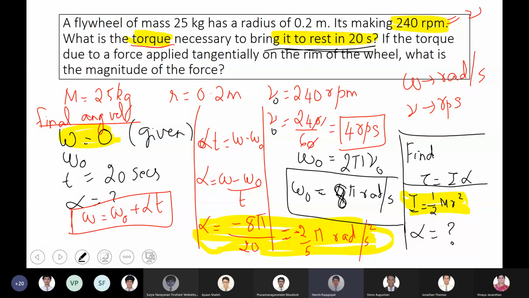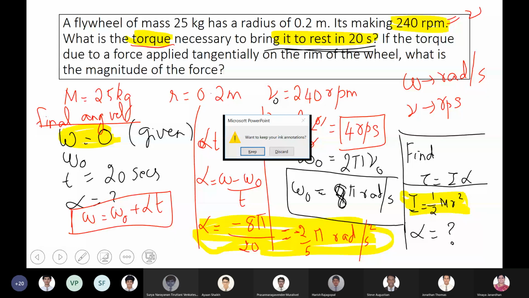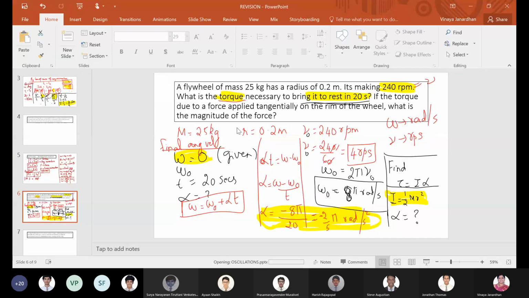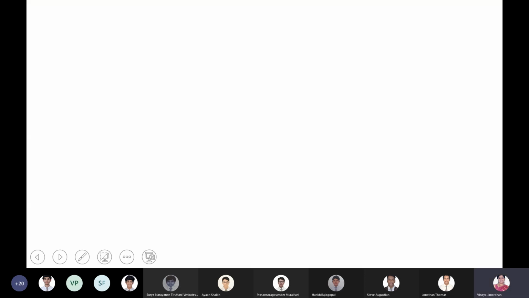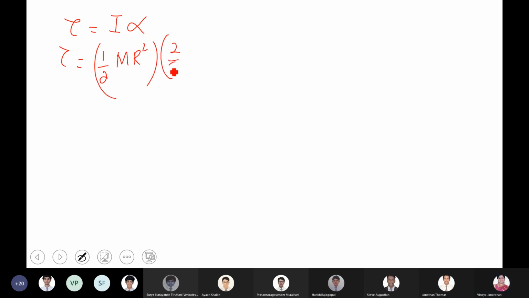Yes, ma'am. Now find what is tau. Tau is I alpha, so that is half m r squared. Alpha was 2 by 5 pi, correct?